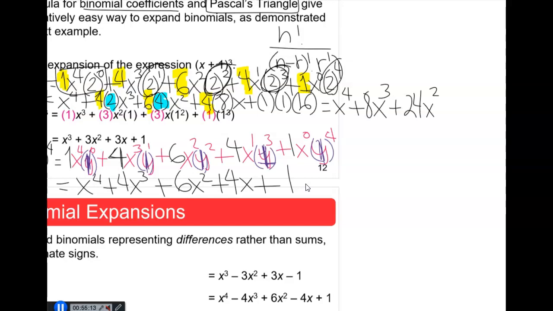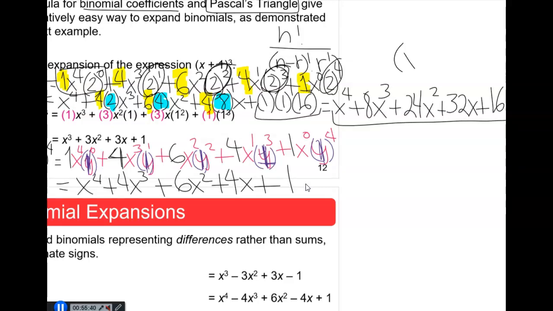Then we will have 4 times 8, which will be 32x. And then finally we will have 1 times 16, which is 16. So that will be the final solution or final answer to that question.